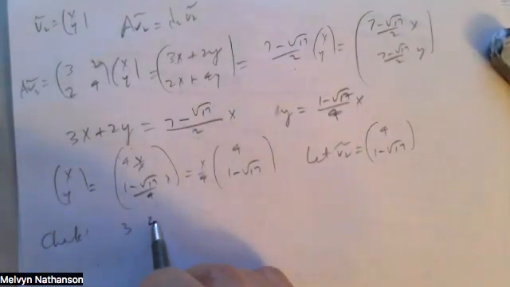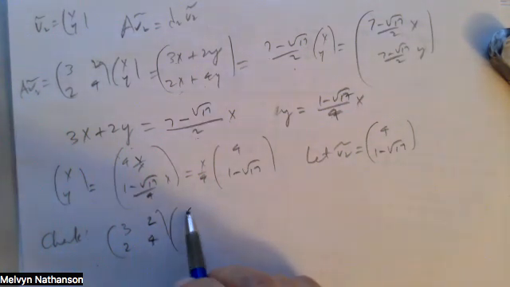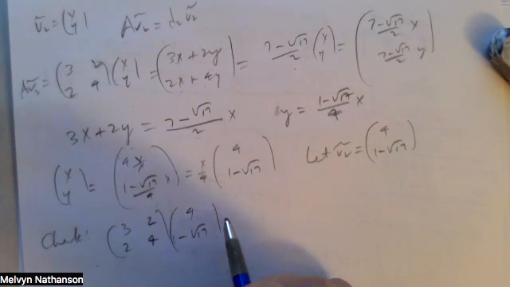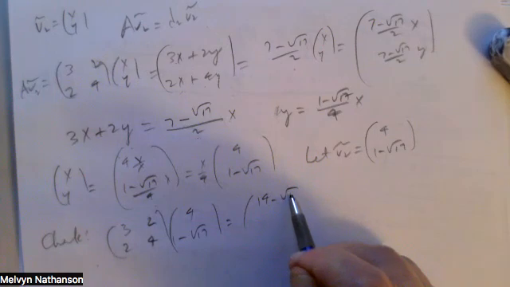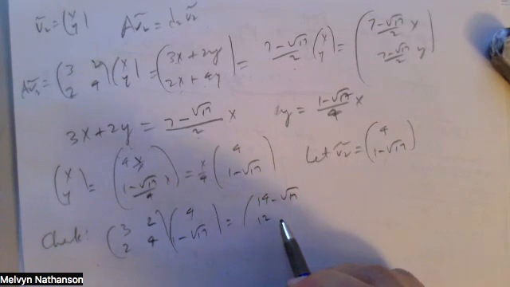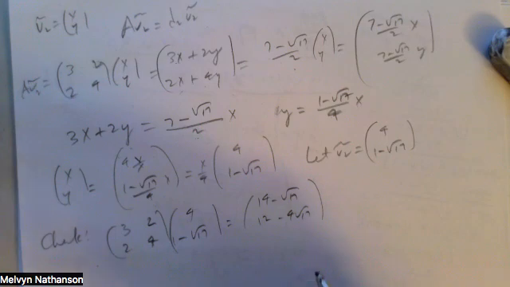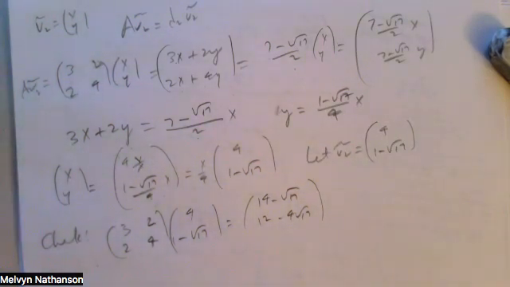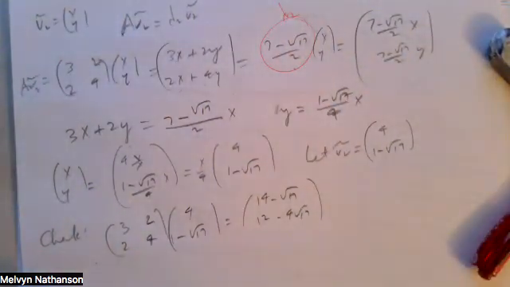So for any x, ((1 minus root 17) over 4) x is some scalar multiple of (4, 1 minus root 17). So let me check. Apply [3, 2; 2, 4] to the vector (4, 1 minus root 17). This is 12 plus 2 minus 2 root 17, and 8 plus 4 minus 4 root 17. This was my eigenvalue, lambda 2. Let's see.